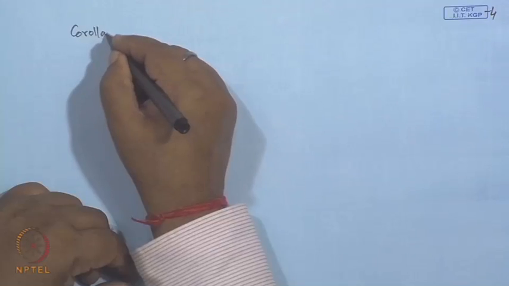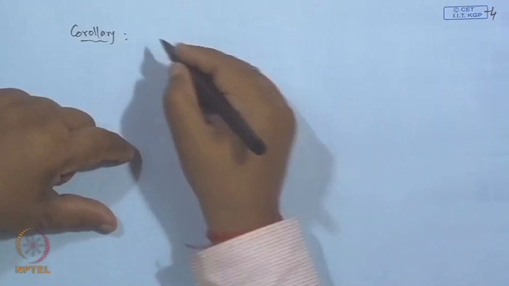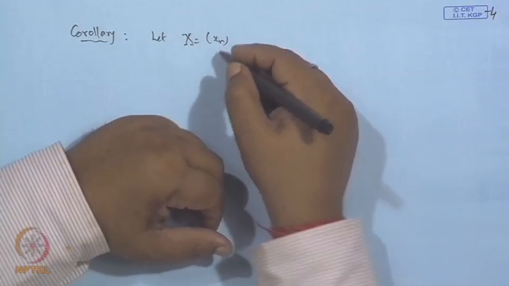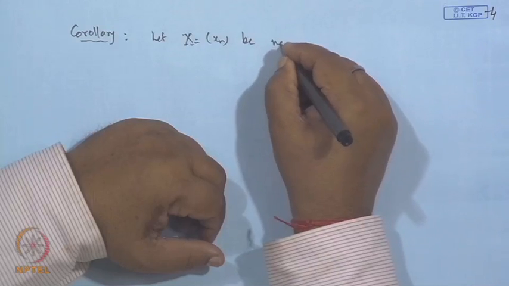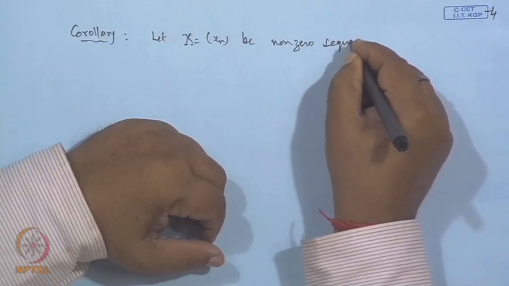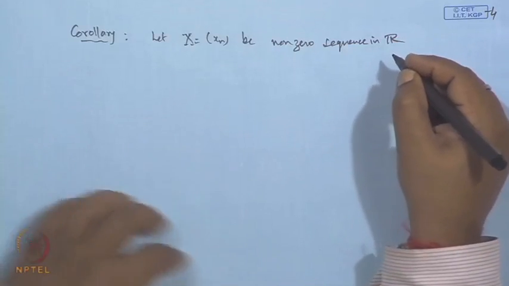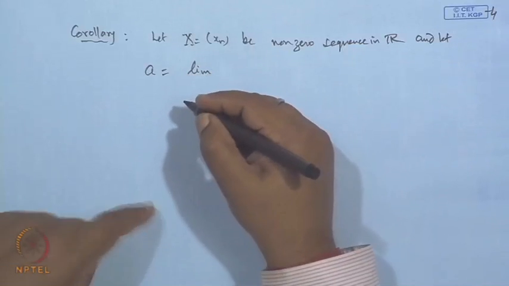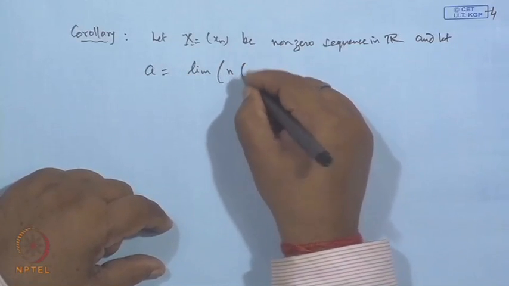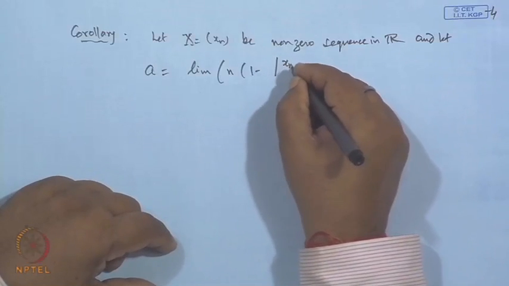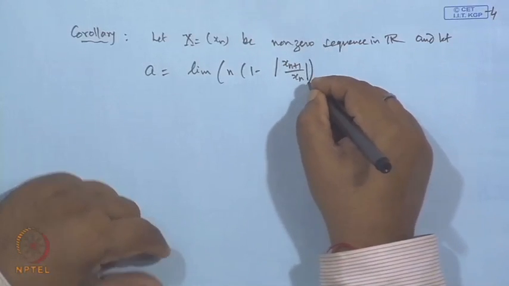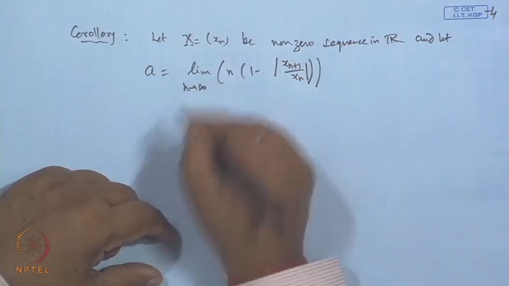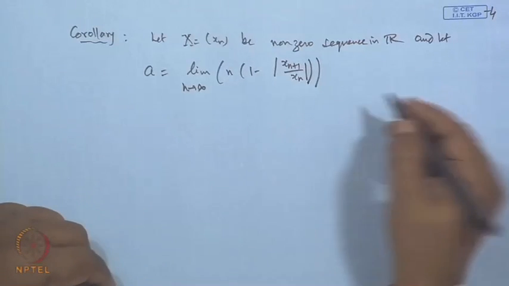So, as a corollary we can say: let x, which is x_n, be a non-zero sequence in R, the set of real numbers, and let A be the limit of n times (1 minus mod of x_{n+1} by x_n) as n tends to infinity, whenever this limit exists.